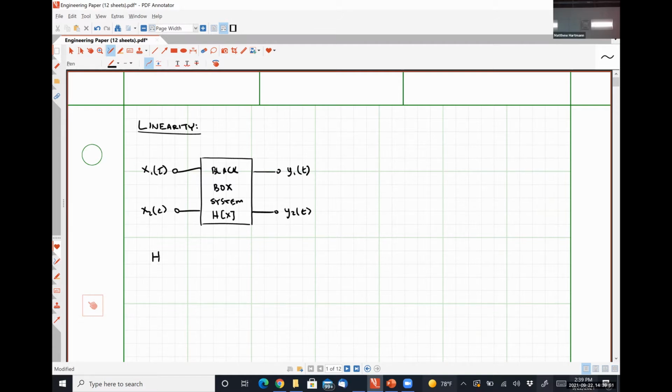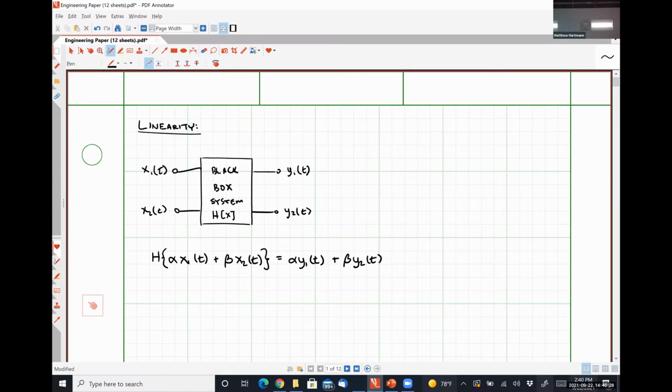So our transfer function h must act on our inputs in the following way: alpha times x1 of t plus beta multiplied by x2 of t must yield a response alpha y1 of t plus beta y2 of t.